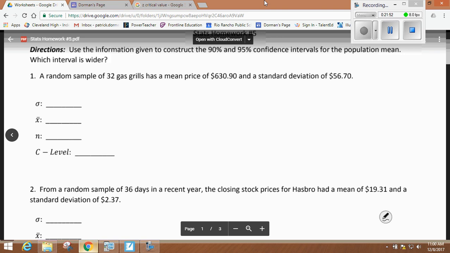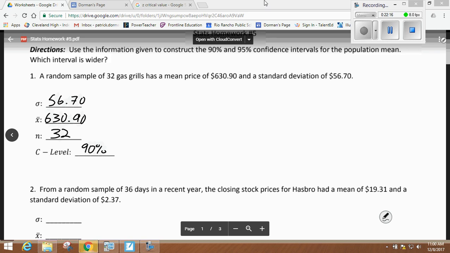Sorry. All right. So standard deviation 56.70. Mean is 630.90. We took 32 gas grills. Let's go ahead and construct a 90% confidence interval.